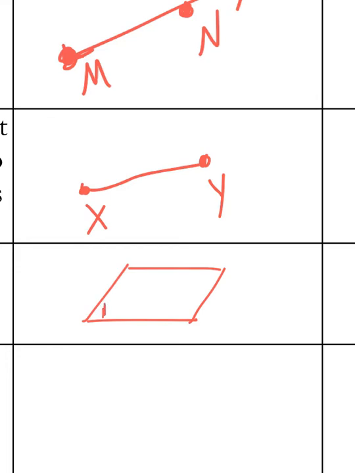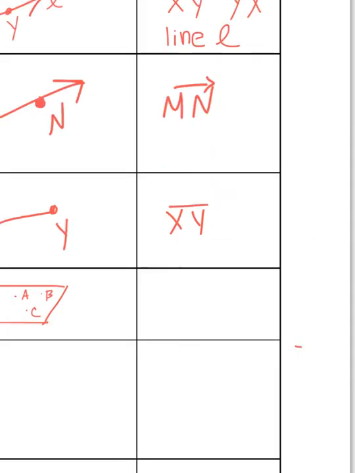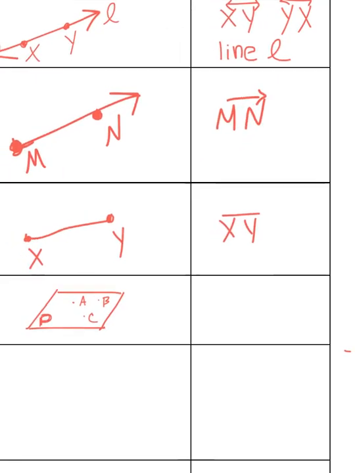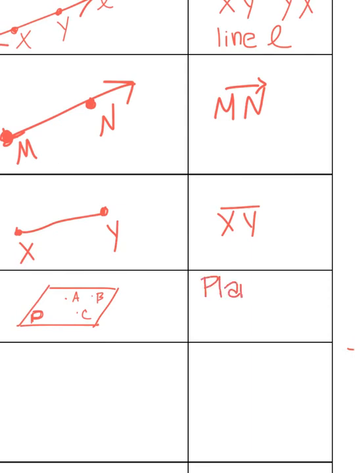We can have a capital bolded letter in the corner, so I can say this is plane P, or I could say it's plane ABC. If you name it with 3 points, they have to be points on the plane. If you label it by the plane name, you can just say plane P.